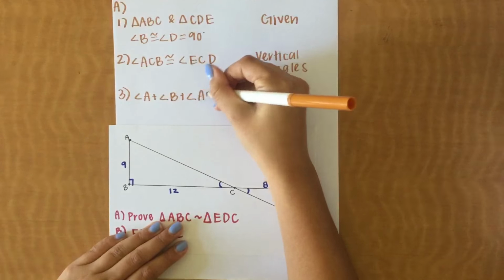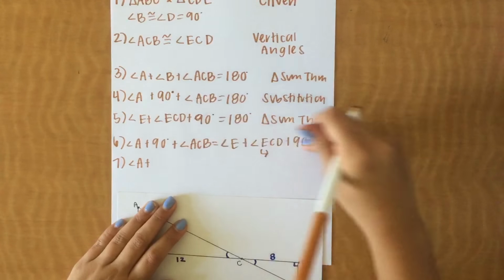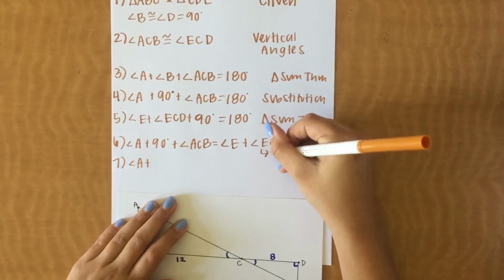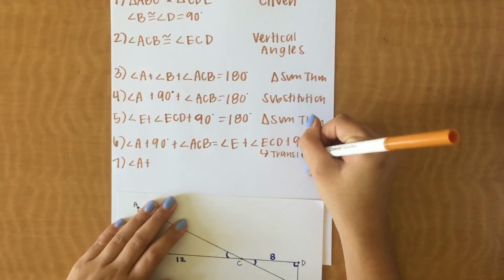And we know that angle ACB is equal to angle ECD, so I'll just substitute that. This step number 6 is the transitive property, since we just set them equal to each other. Plus angle ACB, because you can do substitution.